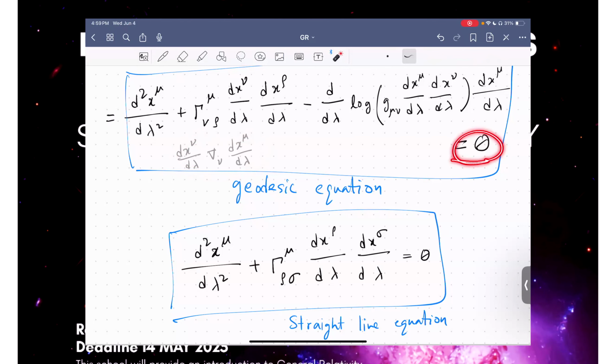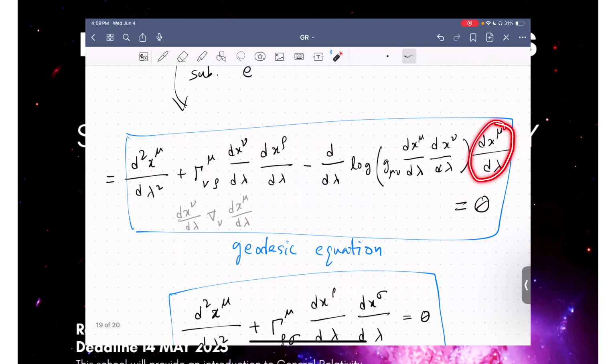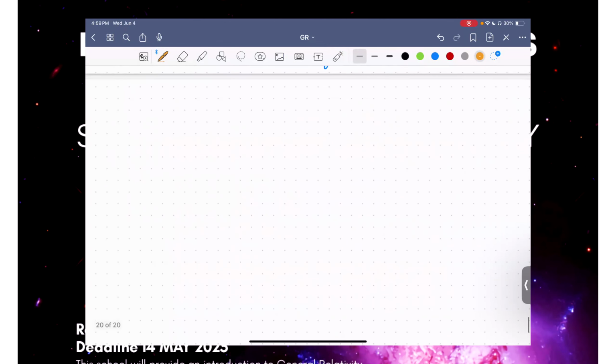is not 0, but it is proportional to the tangent vector itself with a proportionality constant. So notice that there are no free indices here. So this is important. This is a scalar. And this is the tangent vector. So we can summarize what we learned from this as the following.